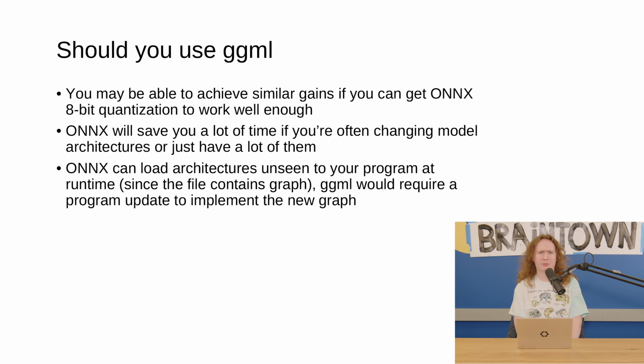You won't have to actually write all the graph code yourself. It's all automatically converted. And if you're switching architectures a lot, if you have new architectures coming out and you don't want to update your application every time you release a new one, that's also another strength where ONNX would work better.